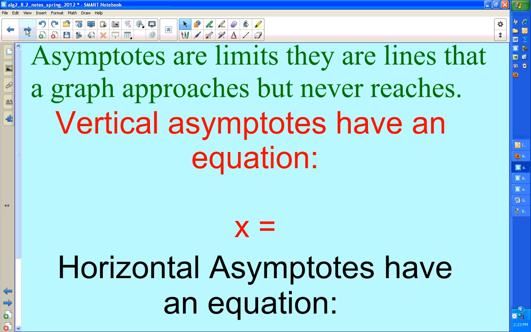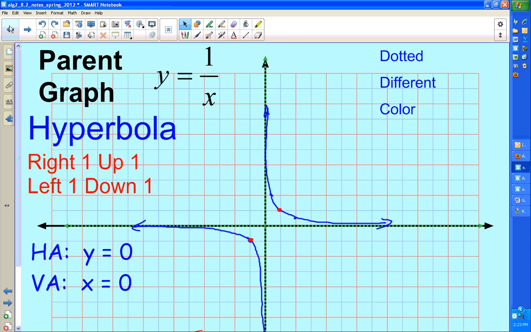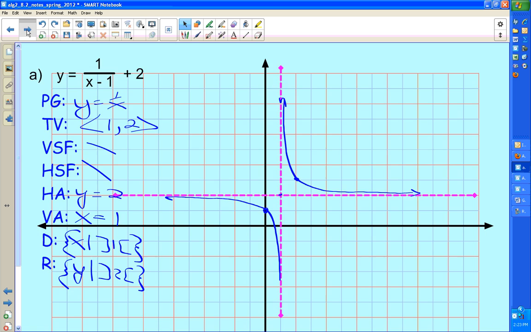That's why the vertical asymptote for your parent graph of 1 over x, when you make this number so big, one cookie divided by infinite means you get nothing at infinity. So at infinity, you might as well say you're right on that asymptote and you got nothing. Okay? The vertical asymptote is what happens at infinity.